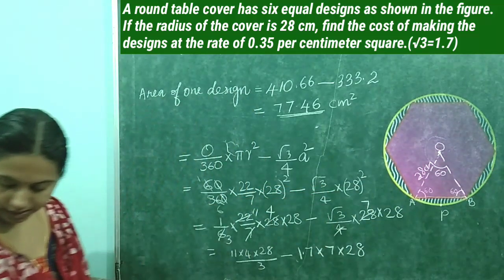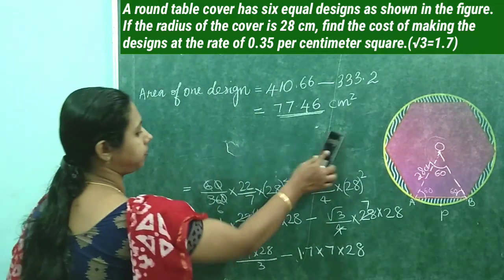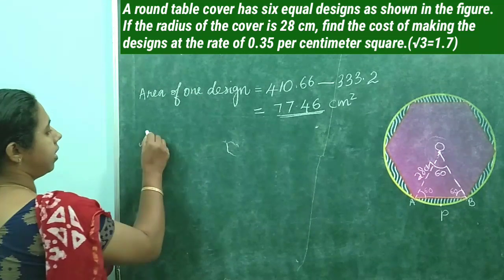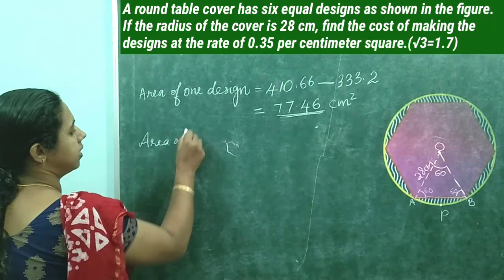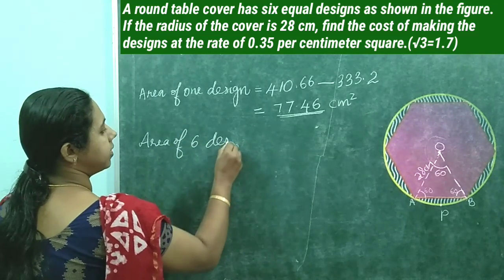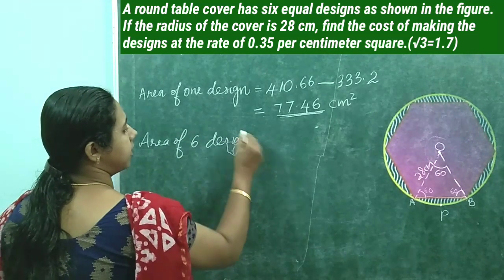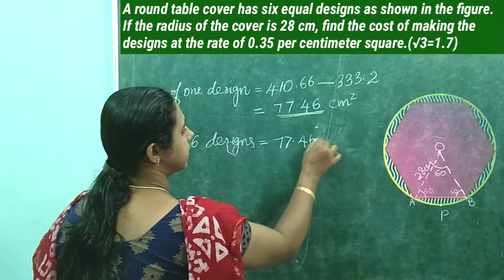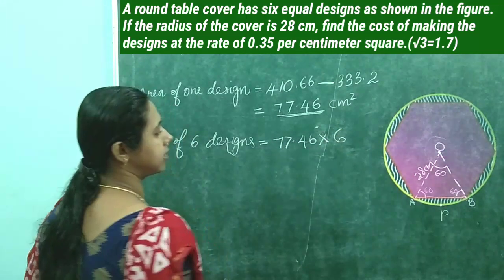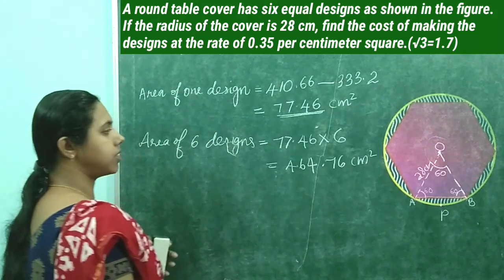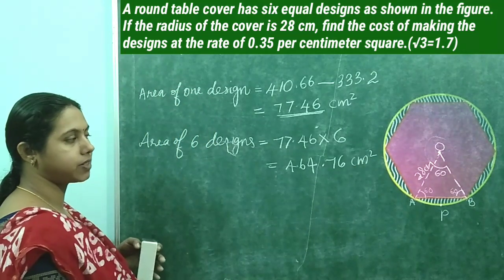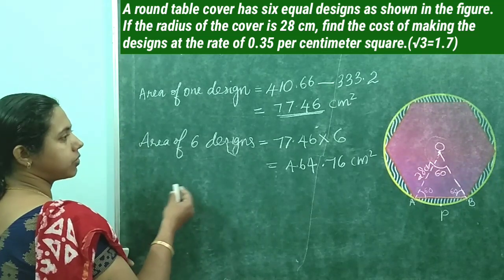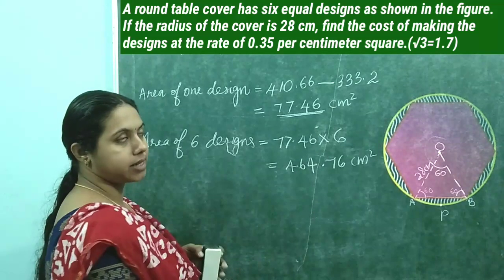So area of 6 designs is equal to 77.46 into 6. Sorry, area of 6 designs is equal to 464.76 centimeter square. So you got the area of these 6 designs.